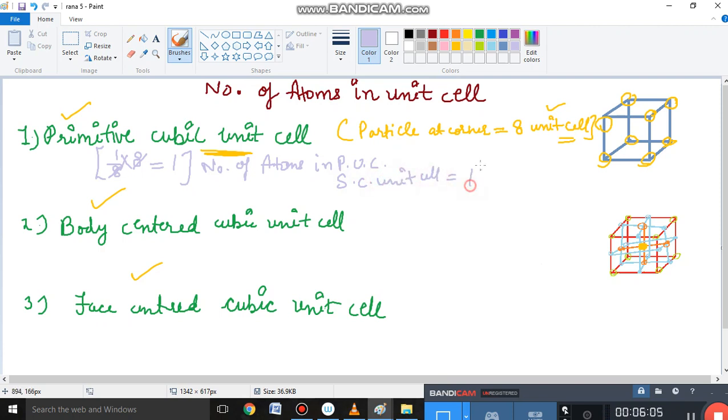is equal to 1. Moving on to the body centered cubic unit cell, in this the particle is found at the center of the body. So it is not shared by any other unit cell.